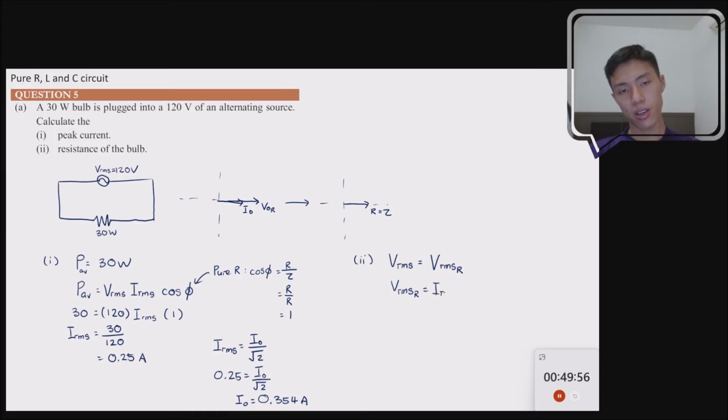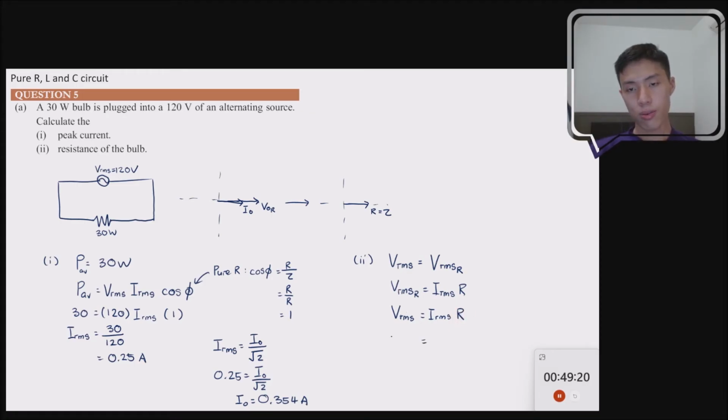So we can say Vrms is equal to Irms times R. In the usual situation, it will be Vrms is equal to Irms Z. But because there's only resistance in this circuit, the resistance will be the impedance. So you can replace the Z here with R.